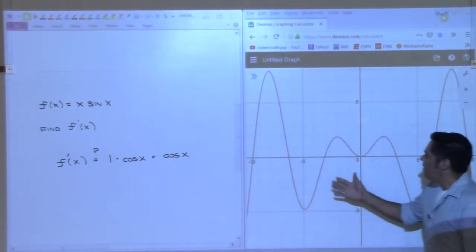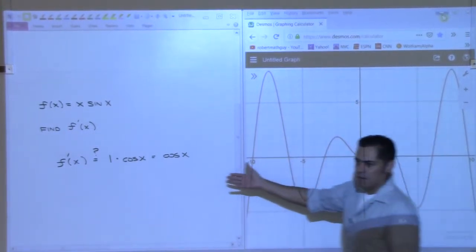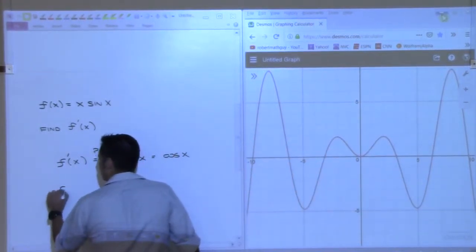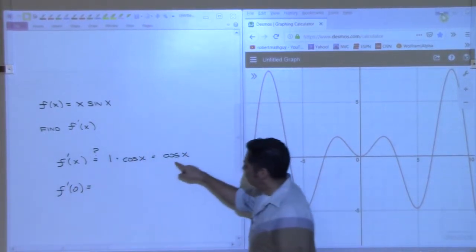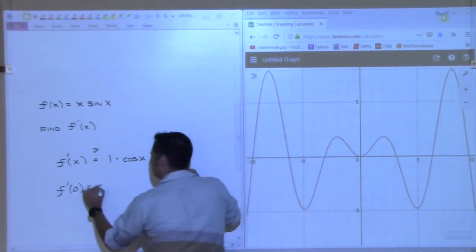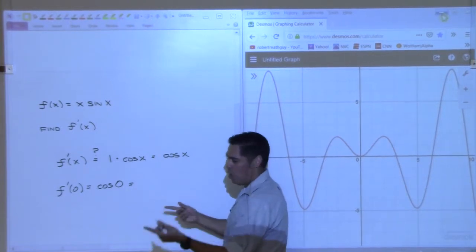Okay, well, I've graphed the function here for us, all right? Let's see if this answer is right. One way I could check is I could say, all right, well, what is the derivative of this function at 0? So according to my derivative, if I plug 0 into this, cosine of 0 we all know is 1.